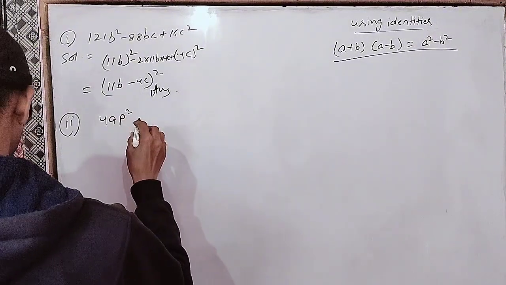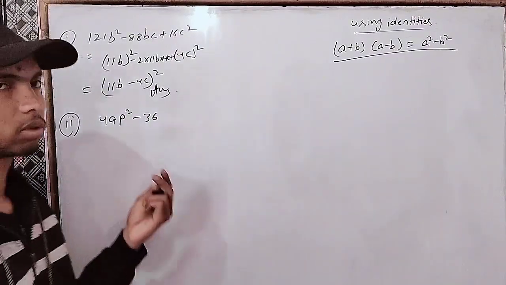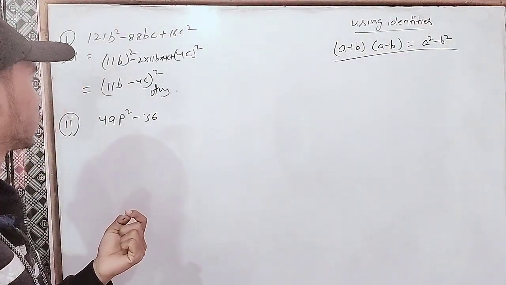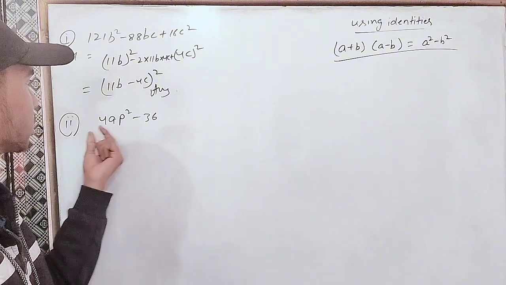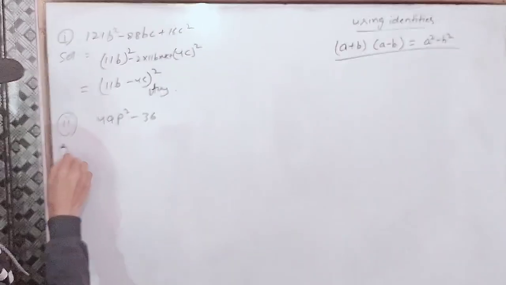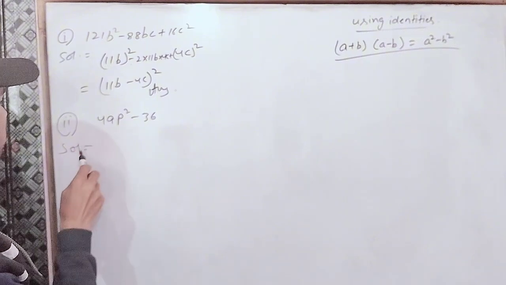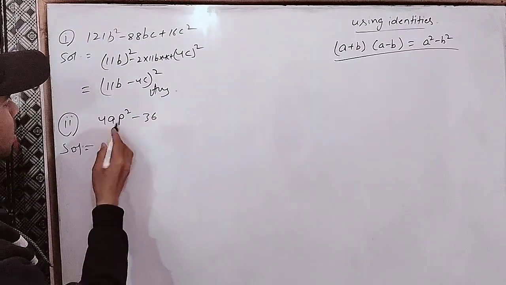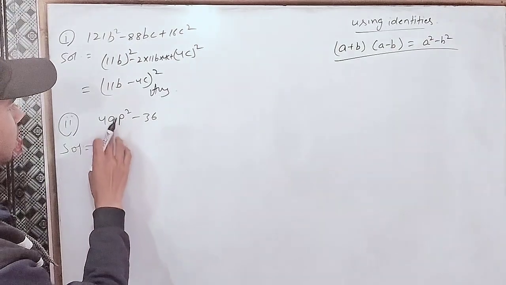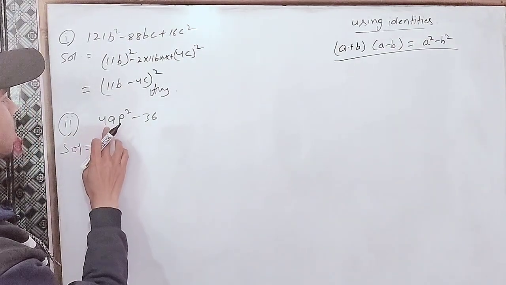Next is 49a square minus 36. Here we have two terms. Can it be done? Yeah, it can be. The question is saying to use the identity method to solve it, so we can solve it better. Do you want to see? Here, this is A and this is B. I can write it as B square.